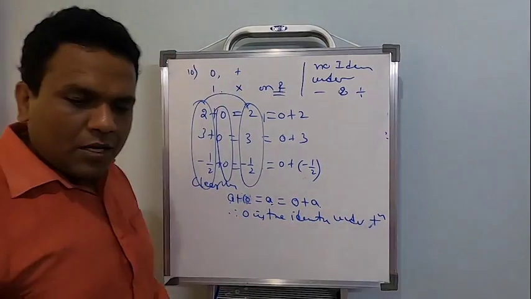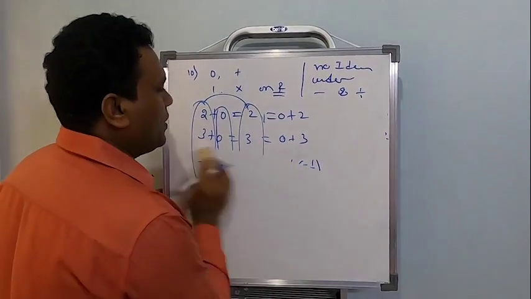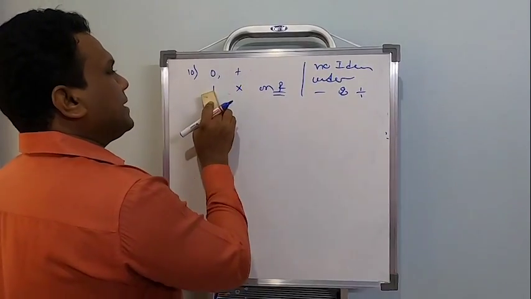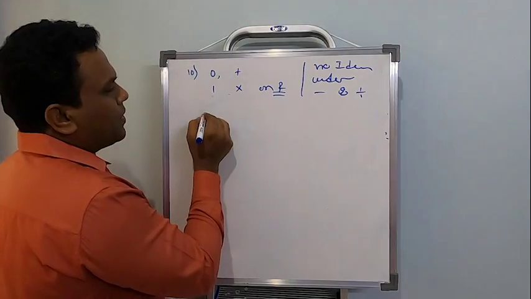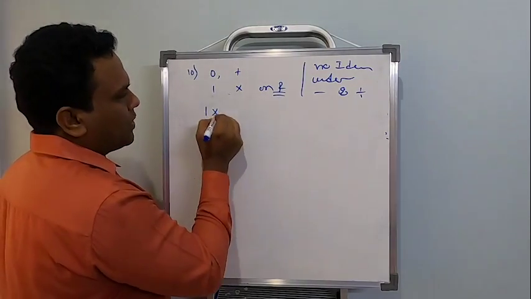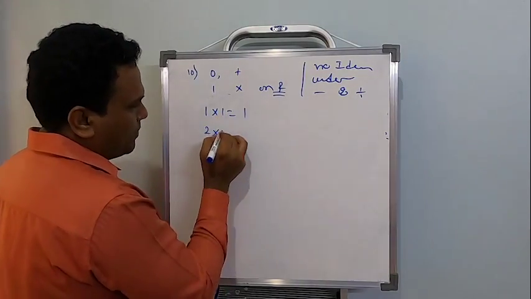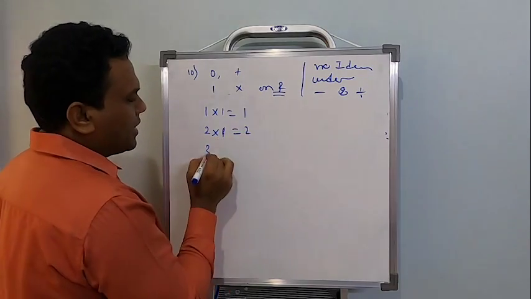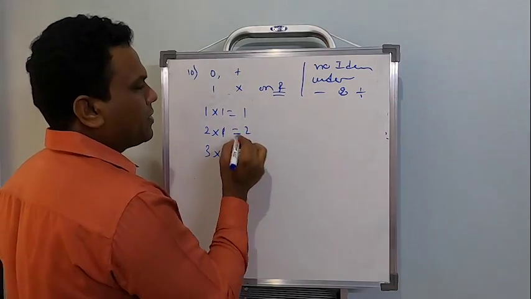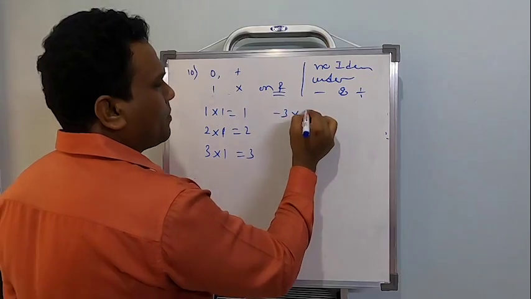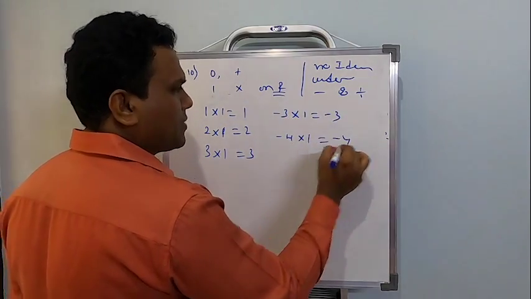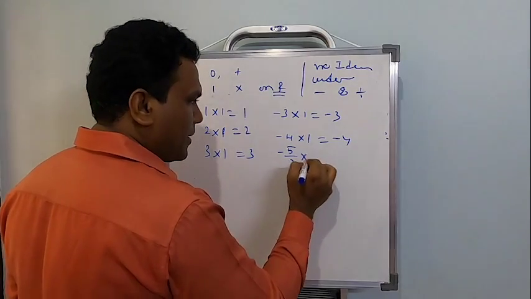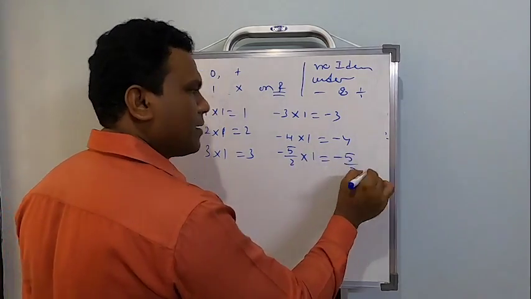Clear? The second part is, show that 1 is the identity under multiplication on real numbers. That means first example is better. So 1 multiplied by 1, 1. 2 multiplied by 1, 2. 3 multiplied by 1, 3. Go with minus 3 also. Minus 3 multiplied by 1, minus 3. Minus 4 multiplied by 1, minus 4. Minus 5 by 2 multiplied by 1, still the same.